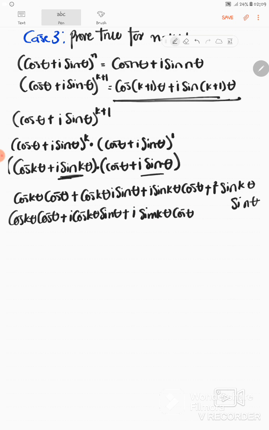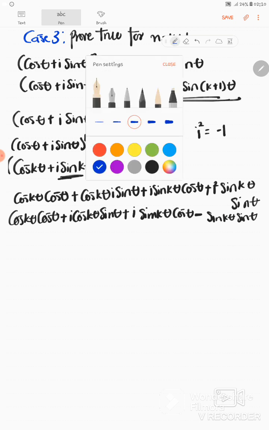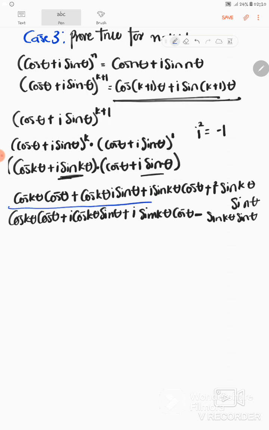As we know, in complex numbers, i square is equal to -1. That's what, minus sine k theta sine theta. Let me try putting a partition to know the parts we are working on.